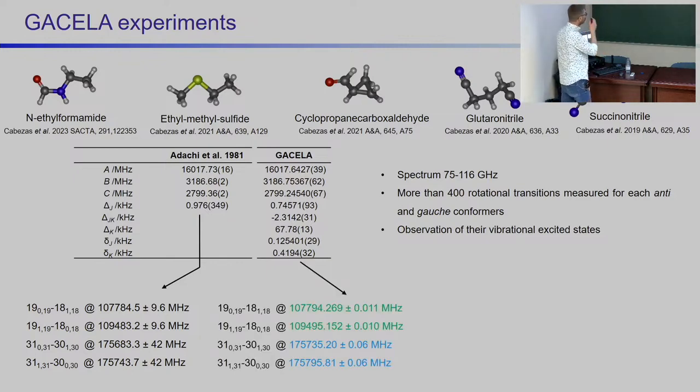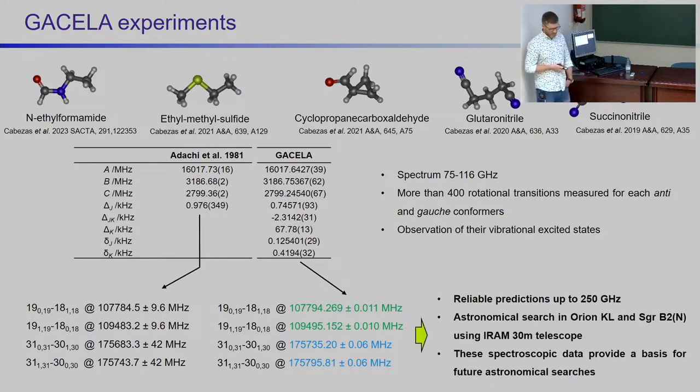Using these rotational and centrifugal distortion constants, we obtain accurate predictions in the 3 millimeter frequency range. The uncertainties are close to only 10 kilohertz, and in the 2 millimeter region, the uncertainties are close to 60 kilohertz.